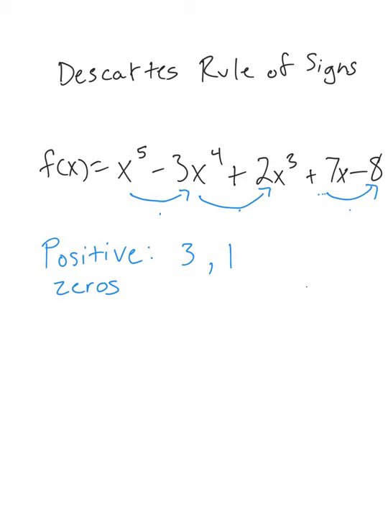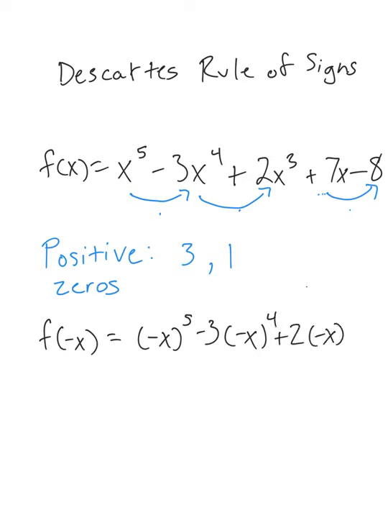Now when we want to find negative, we want to find f of negative x. So we use the exact same terms, but this time we put in negative x in every place where there is an x.